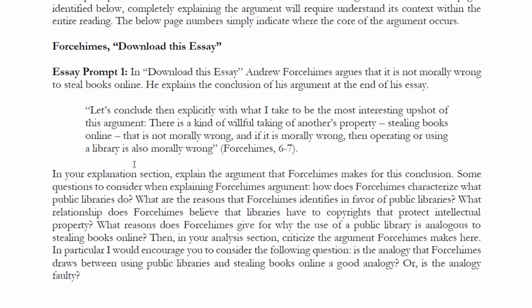Namely, is this analogy that Forsheim relies on between using a public library and stealing books online really a good analogy, or are there some differences that really matter from a moral point of view? So that's what the prompt does. Tells you a little bit about what the author is arguing for, gives you some questions to think about, and points you in certain directions of how you might criticize the argument.